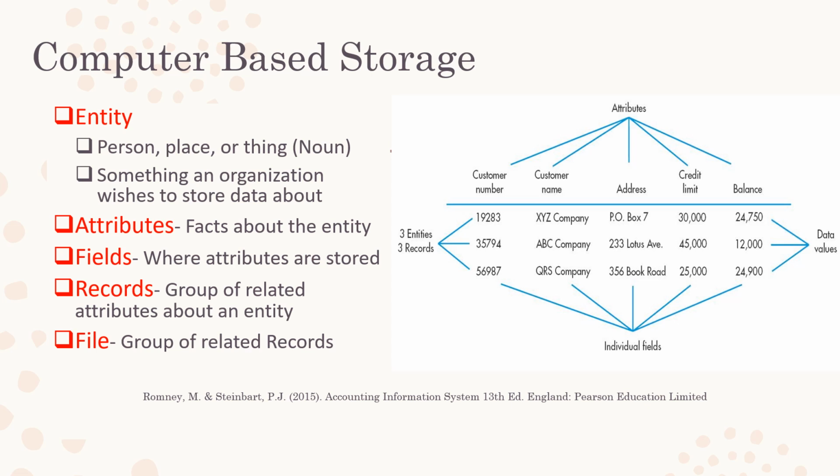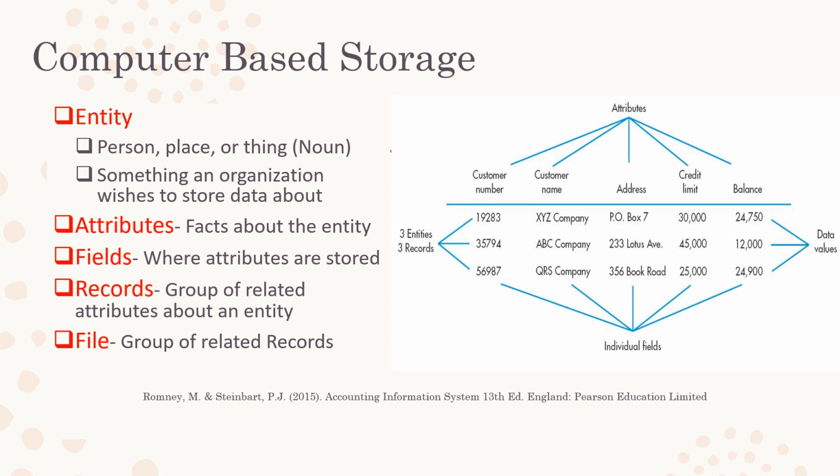So in our example, we have three entities here: XYZ company, ABC company, and QRS company. So we are recording customers in the form of customer per company. And then each entity has attributes or characteristics of interest that are stored in our database. So these are the facts about the entity.